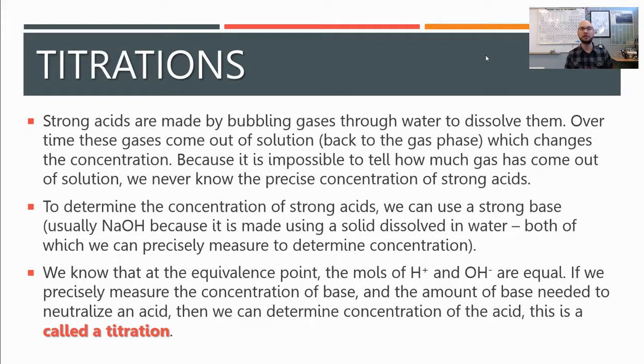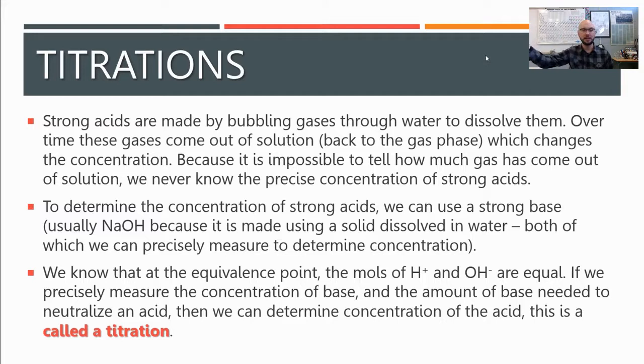strong acids are made by bubbling gas into water. Over time, those gas molecules come out of the water and the concentration changes, but we don't know by how much. For example, when we order hydrochloric acid, concentrated or stock solutions as they're called, it has a molarity of around 12.1 molar, so very high, very concentrated.